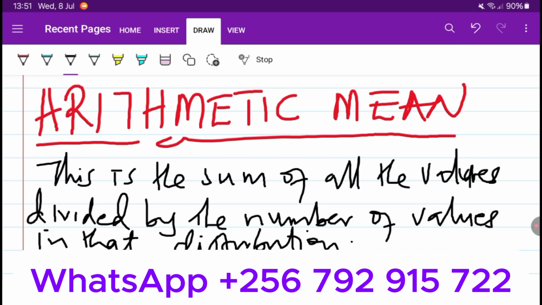So when you're looking at the mean, we said we can call it arithmetic mean or just mean, but it is the same as the arithmetic average, whereby we just find it by adding all the values of the data set and then we divide by the total number of values. So that's as far as the definition is concerned.